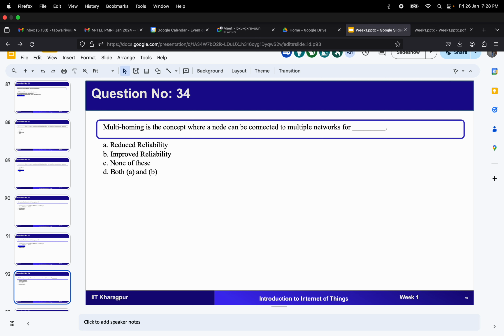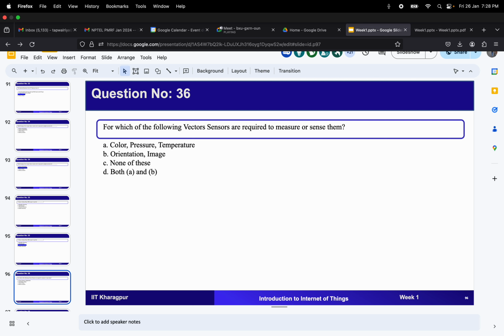So if one network is not able to provide the service, it can get the services from the other network. Next question is a passive infrared ray PIR sensor is used for blank. Options are humidity detection, tilt detection, obstacle detection, smoke detection. C, obstacle detection. Right, it is used to detect an object or obstacle. So obstacle detection.